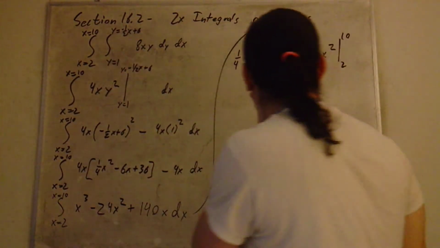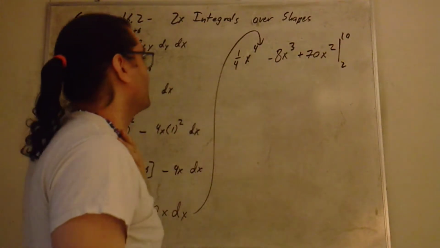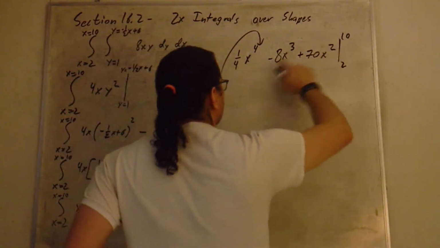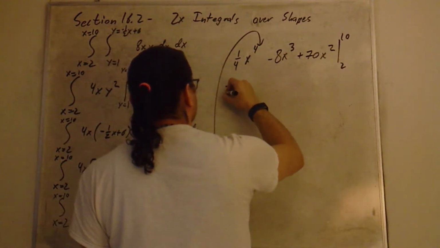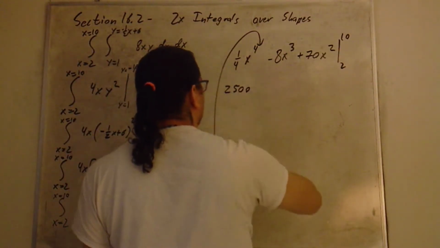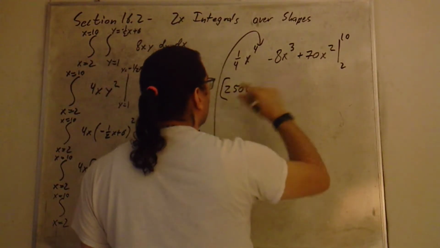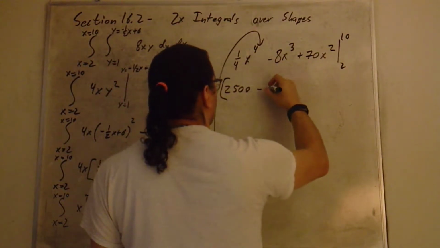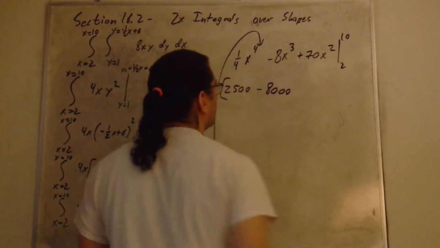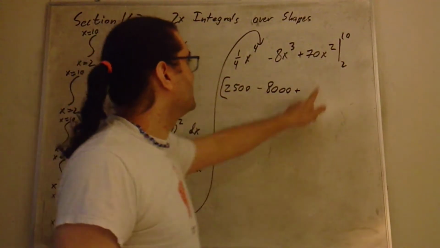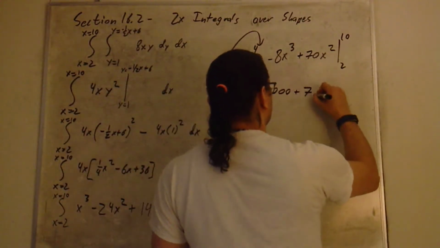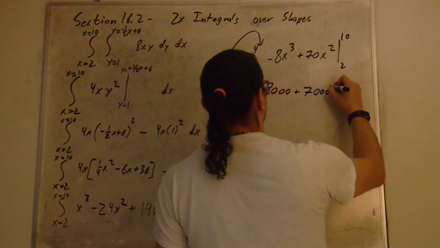Time for an entire festival of arithmetic. 10 to the 4th is 10,000. 1/4 of that is 2,500, minus 8,000, plus 7,000. That wasn't so bad.